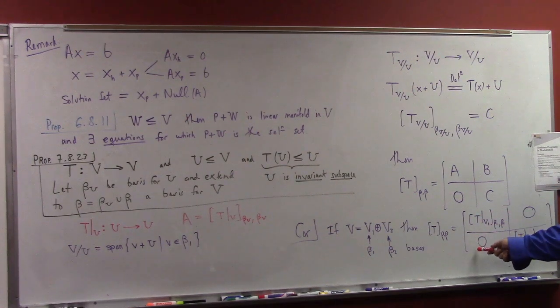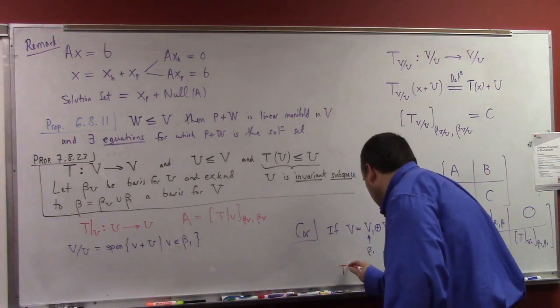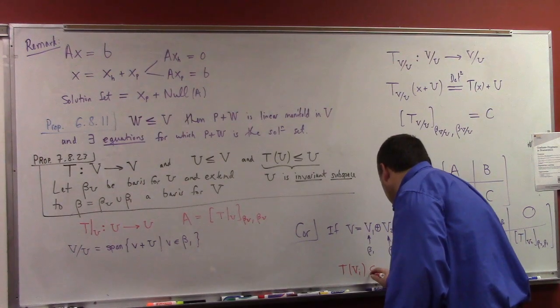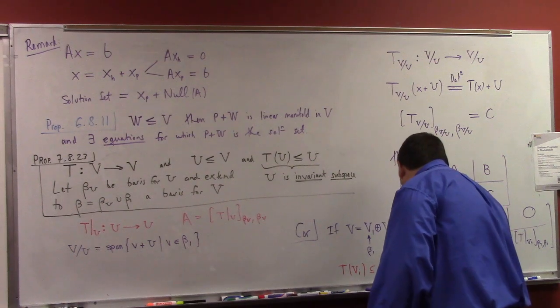Which is what I'd need for this to be 0. And how do I know that when I feed T, I only get vectors in the span of beta 2 again? I've got nothing in the beta 1 span. Well, I need to assume that V1 and V2 are both invariant subspaces of the linear transformation. So I need T of Vi to be a subspace of Vi for i equals 1 and 2.